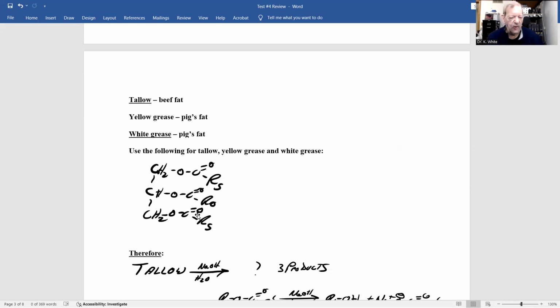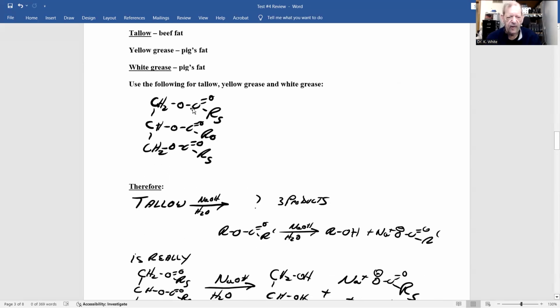Now, to do a real world understanding of what is tallow, yellow grease, and white grease, I came up with the following triglyceride, where one of them is a stearyl group, this carbonyl plus the carbons in R sub S, 18 carbons, carbon-carbon single bonds only.